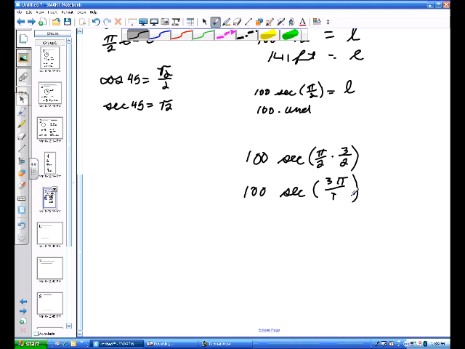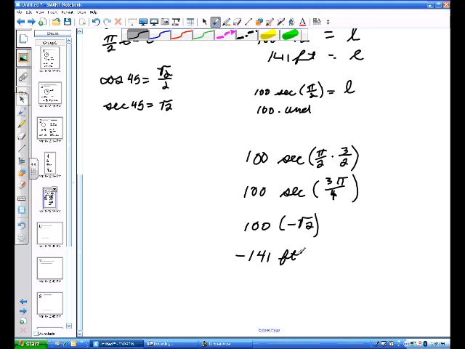Well, again, our reference angle's 45. So we know again it's going to be the square root of 2, but this puts us in the second quadrant, so it's negative square root of 2, which we found up here, except it was a positive, but we would end up with negative 141 feet.